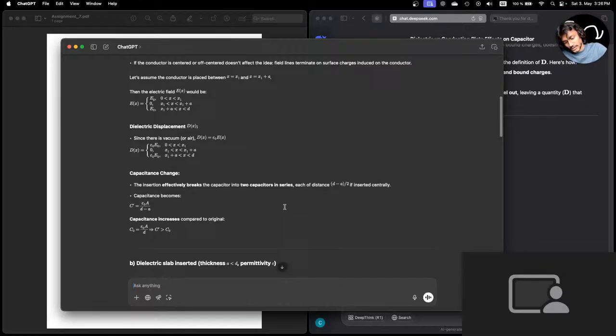Change in capacitance. The conductor breaks the capacitor into two capacitors connected in series.